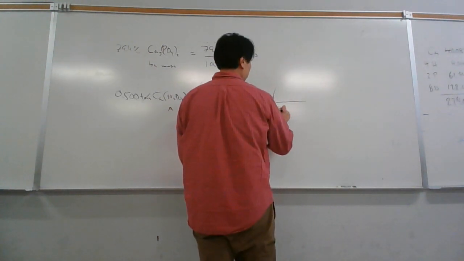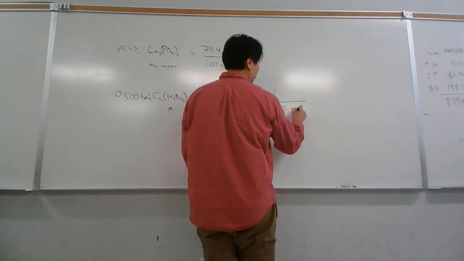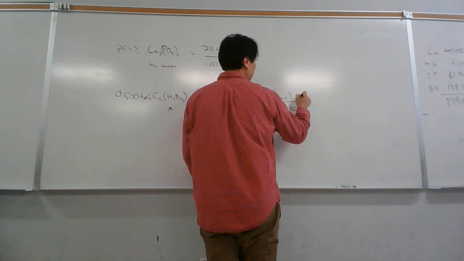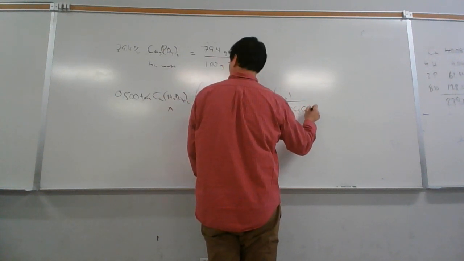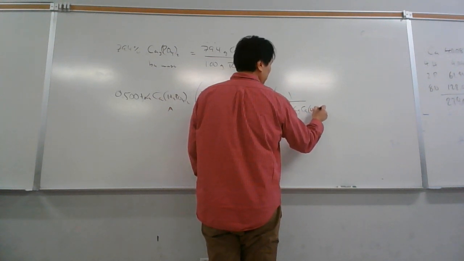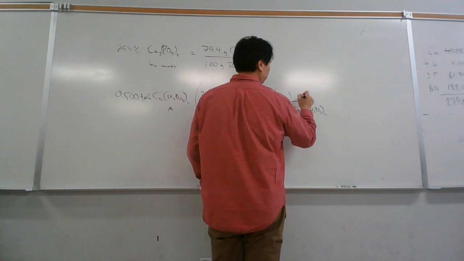Yeah. So 234.06 grams per mole of the fertilizer, calcium dihydrogen phosphate. Name this.